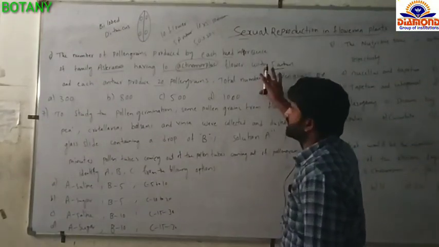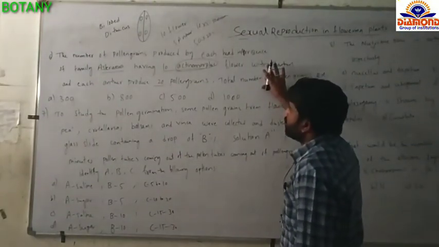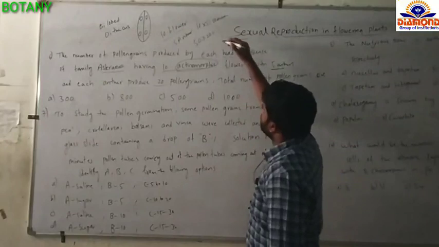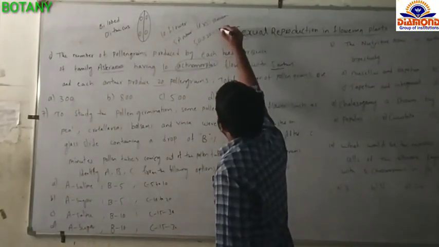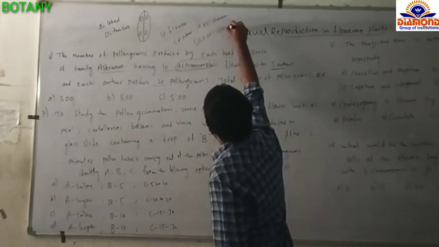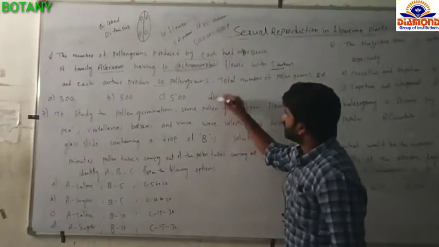The hint is 10 flowers, each flower having 5 anthers, and each anther produces 20 pollen grains. So 10 flowers, each containing 5 anthers: 10 times 5 gives 50 anthers. Each of the 50 anthers produces 20 pollen grains. So the number of pollen grains produced by the 10 actinomorphic flowers of the Asteraceae family is 50 times 20, which is 1000 pollen grains. So the answer is 1000.